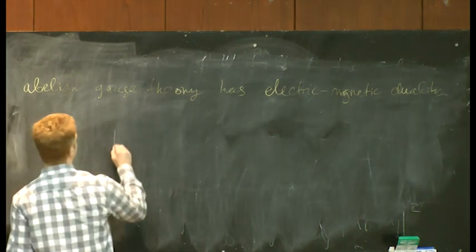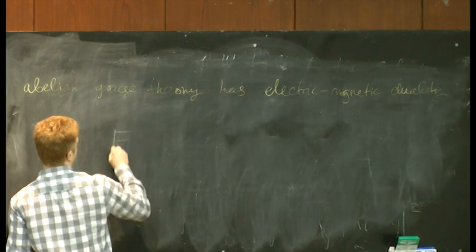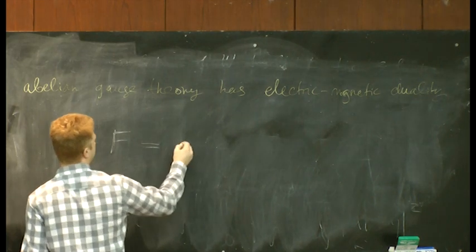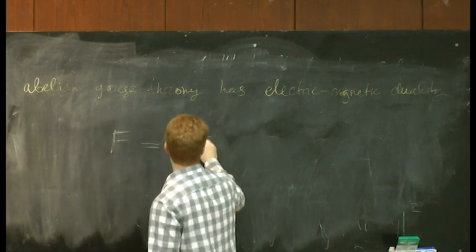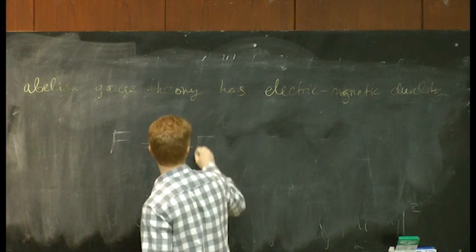On shell, it replaces the curvature, the field strength of the gauge field, by the dual of the field strength of the dual field.